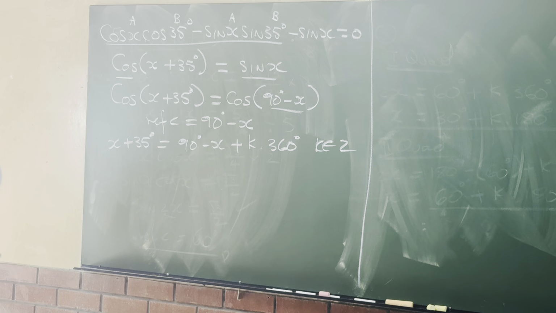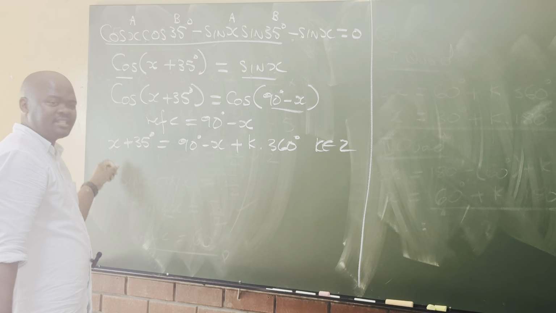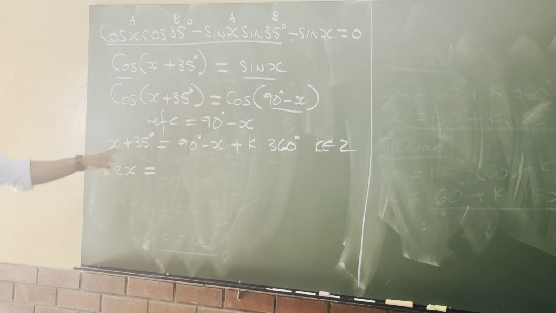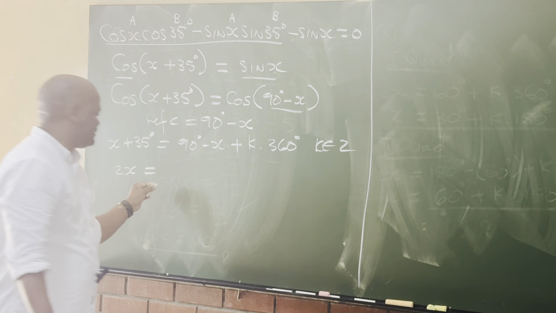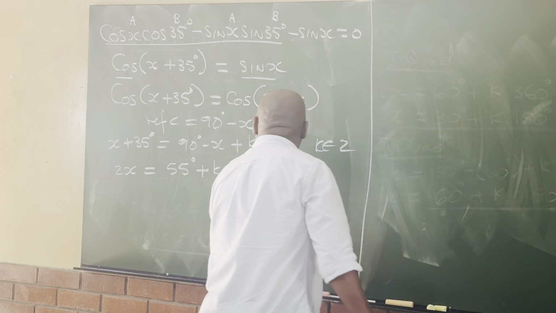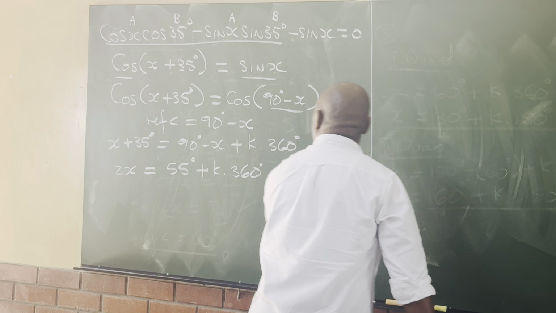Then from this step, it's all about knowing your algebra. What will you have on the left? 2x, because if you take this minus x to the other side, we have 2x equals, taking this to the other side, 55 degrees plus k times 360, where k is an element of integers.